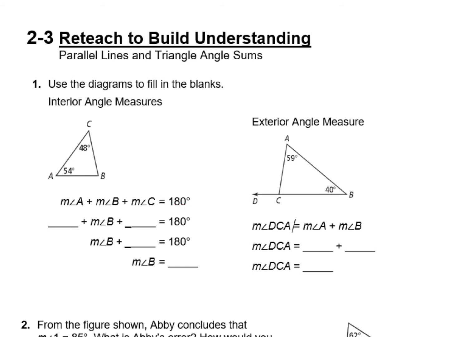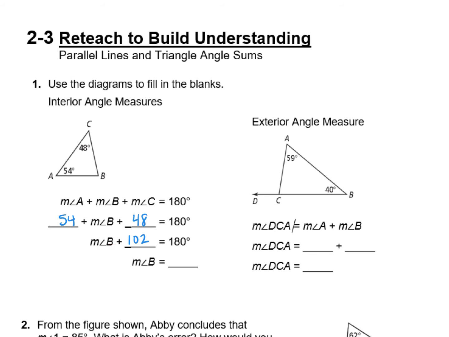We know the measure of angle A is 54. We don't know the measure of angle B, which is why we're going to leave that as measure of angle B. And we know the measure of angle C is 48. So we can go ahead and simplify 54 plus 48. We get 102.